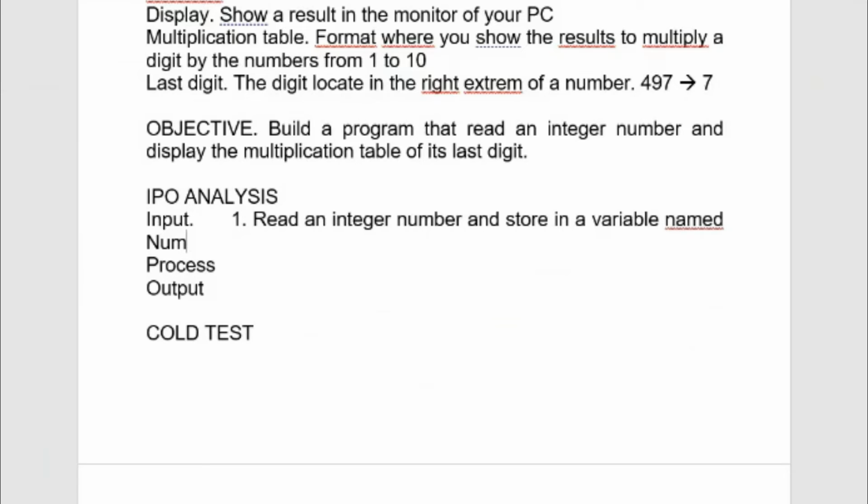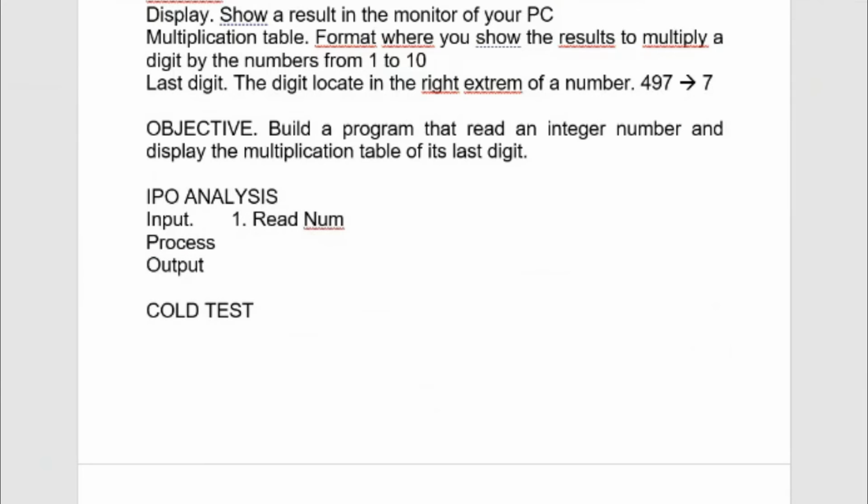This is the name I choose. But this is a very, very long instruction for the computer. You only need to write read num. That means read a number and store in a variable named num.